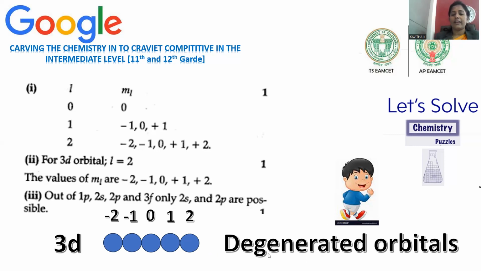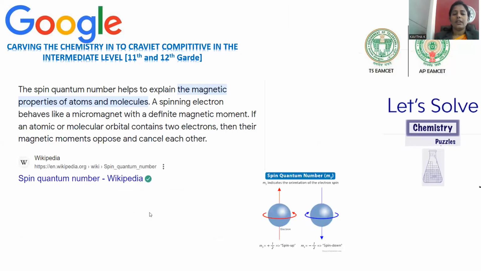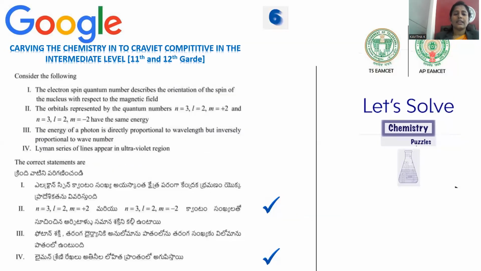All d orbitals have equal energy. So they are asking about -2 and +2: here m value is +2 and m value is -2. They have equal energy, because we mentioned degenerate, so -2 and +2 are both orbitals with equal energy. So this is the correct one.